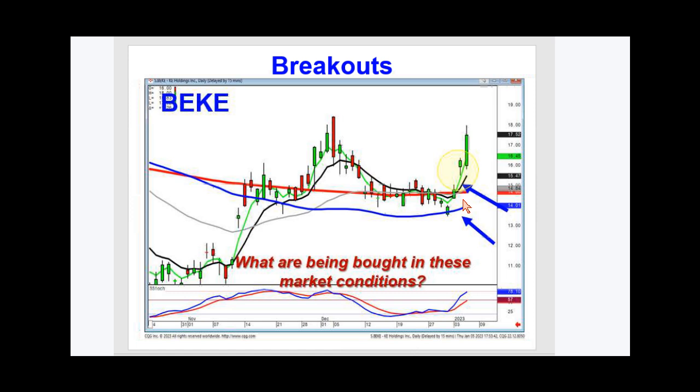Do you consider the movement of the 8 EMA? No, we're not trading the T-line. We're using the T-line as an indicator.